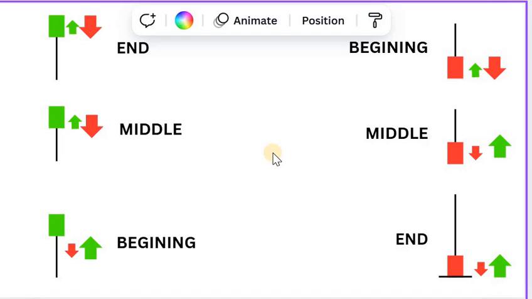So what you need to know now is that the market gives its sentiment, and that sentiment is reflected in the candlesticks. It is not the candlestick that predicts the sentiment of the market. No, it is the market that gives the sentiment, and the candlestick interprets it the best way it can.